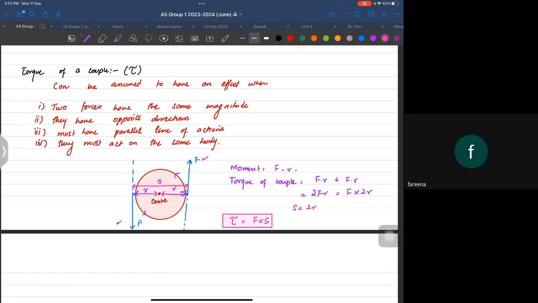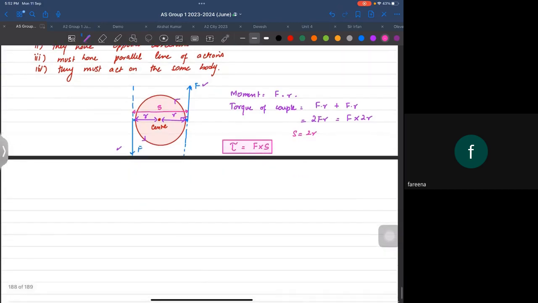Now, what does that mean? Let me just explain this here. When I say the torque of a couple is F times S, it means that this is one of the forces and this is the perpendicular distance between the two forces.